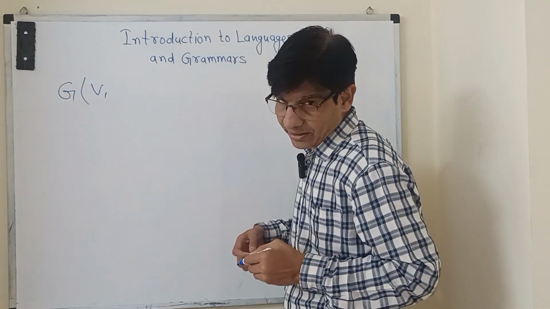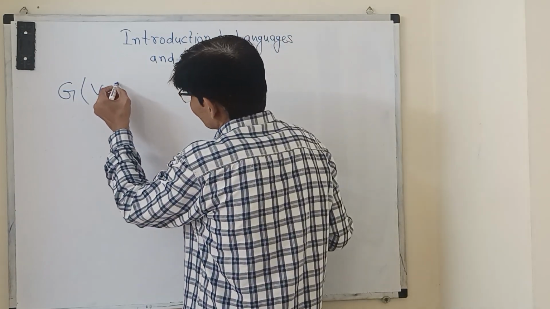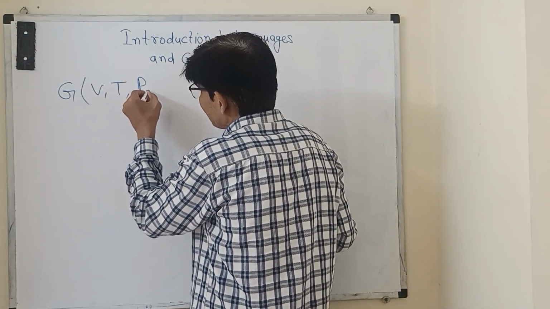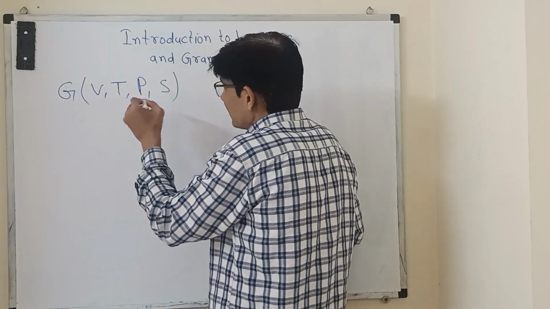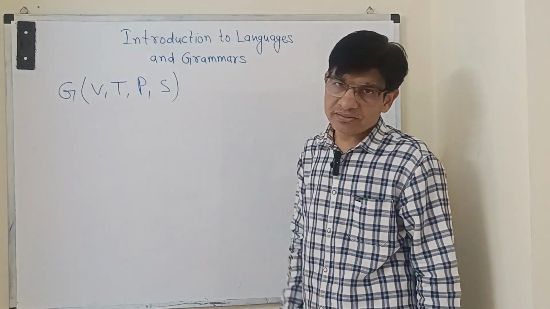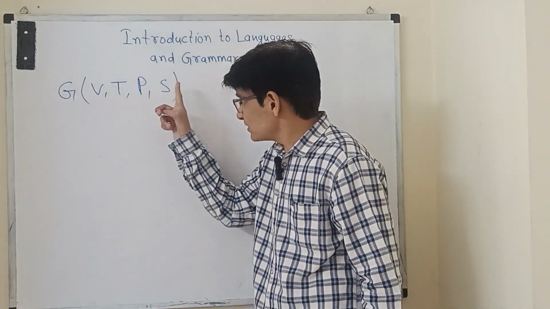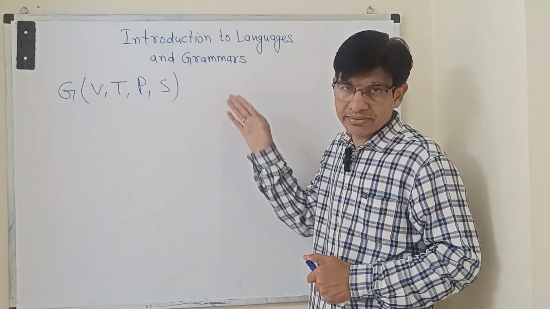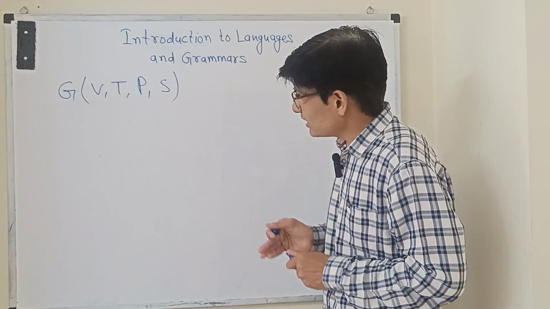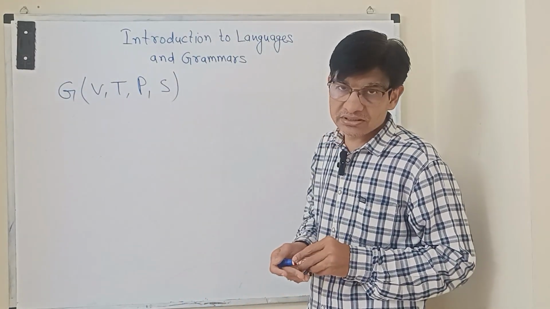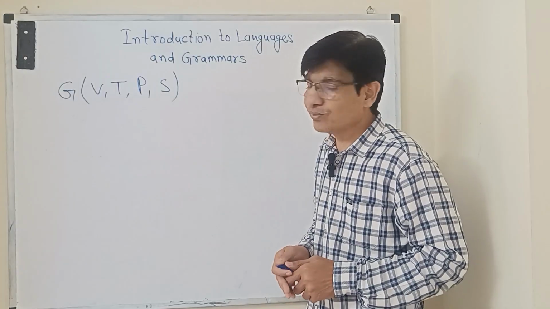First is the variable set V, then T, then P, then S. In terms of these four tuples, you can define any grammar. So we are discussing the mathematical definition of grammar: grammar G can be defined in the form of four tuples.